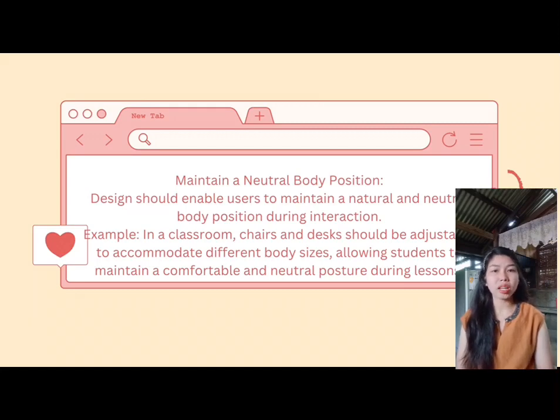So the first one is maintain a neutral body position. Design should enable users to maintain a neutral body position during interaction. For example, in a classroom, chairs and desks should be adjustable to accommodate different body sizes, allowing students to maintain a comfortable and neutral posture during lessons.